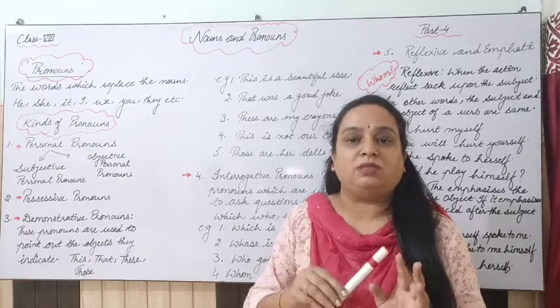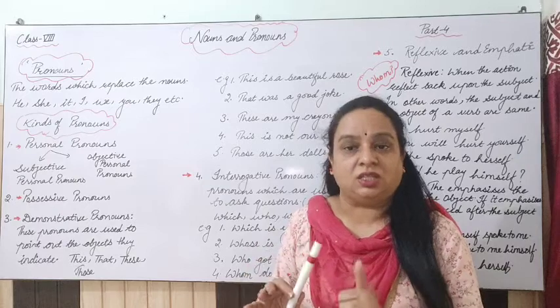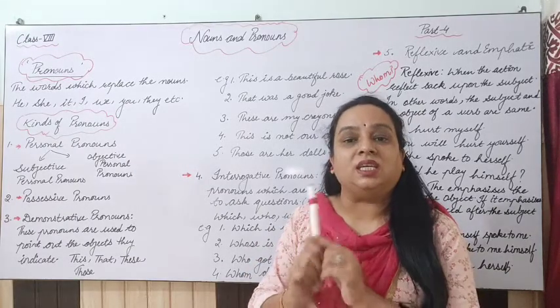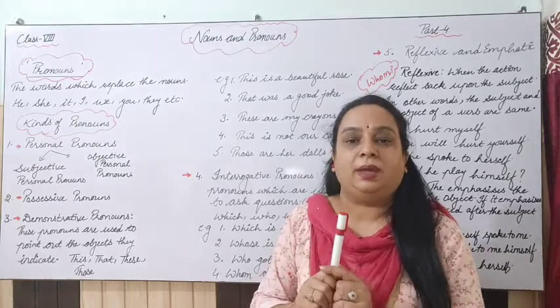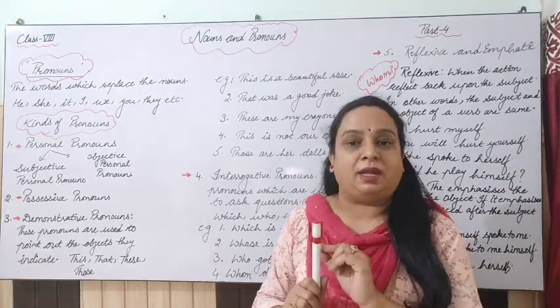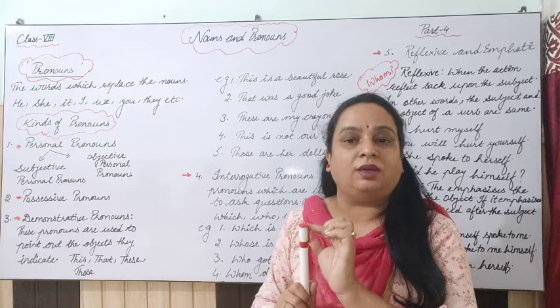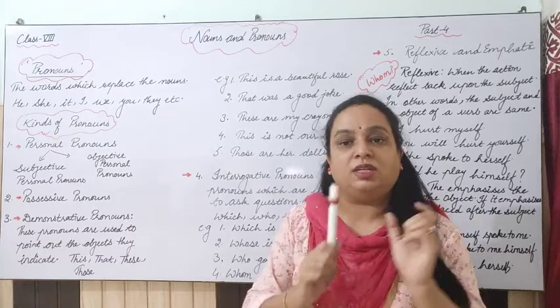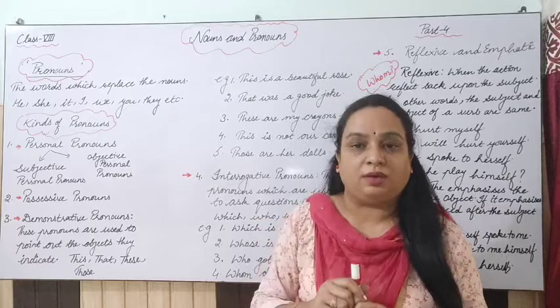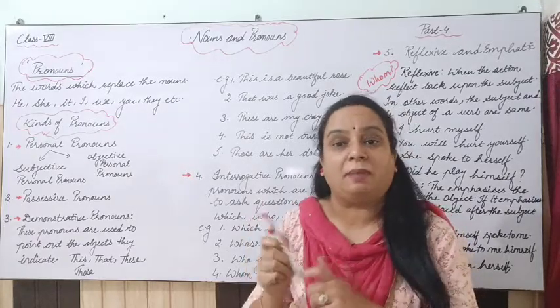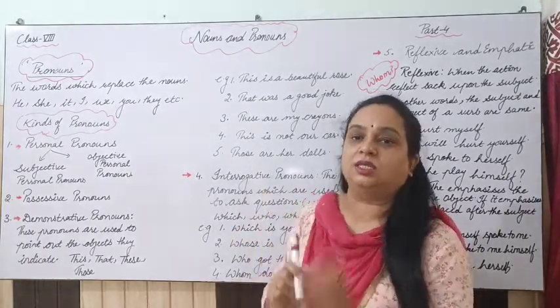So in this pen is mine, this is an adjective. But if I say this is my pen, after this I am not using a noun. So in this is my pen, this is working as a pronoun.